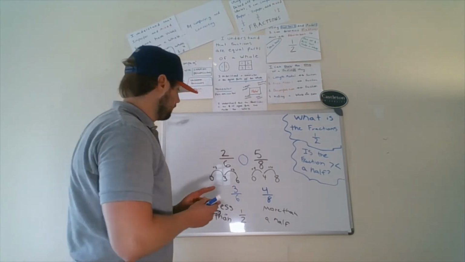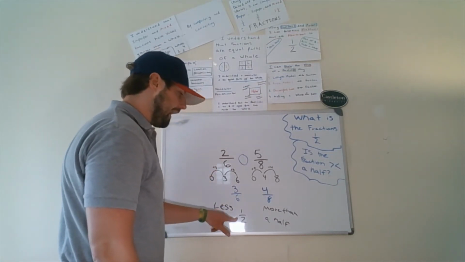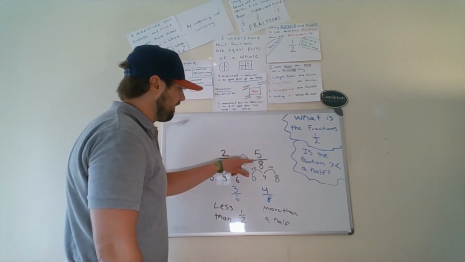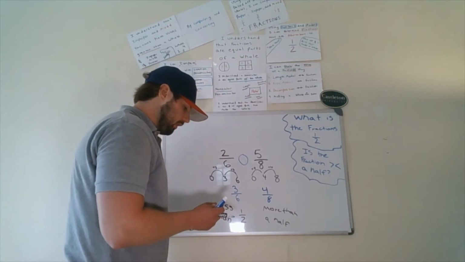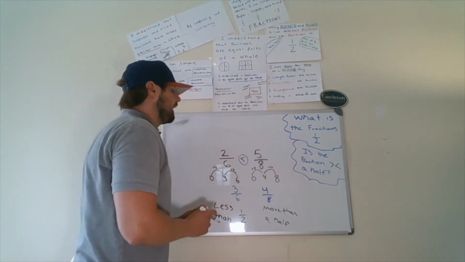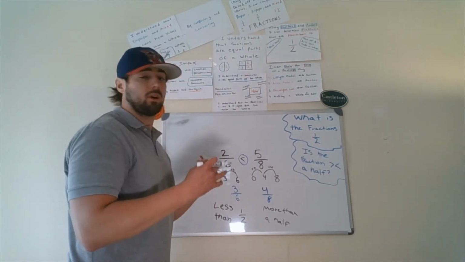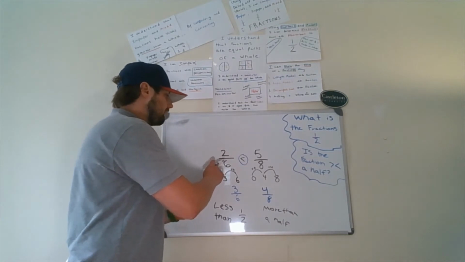If 2/6 is less than a half, and 5/8 is more than a half, most definitely 5/8 is bigger, has more value, is greater than 2/6.